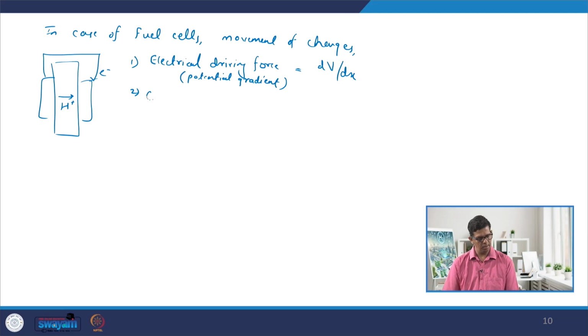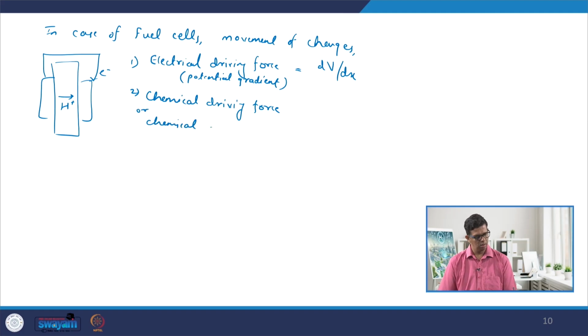Second one is the chemical driving force, also called the chemical potential gradient. This is d mu by dx.